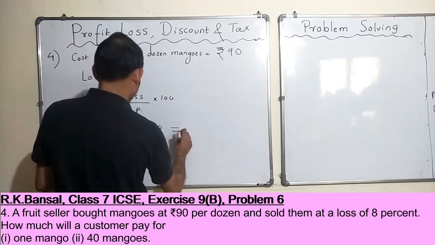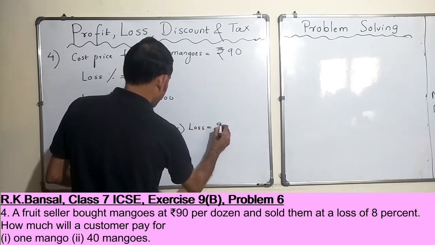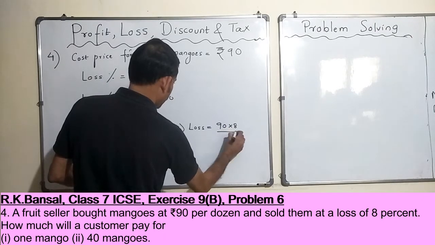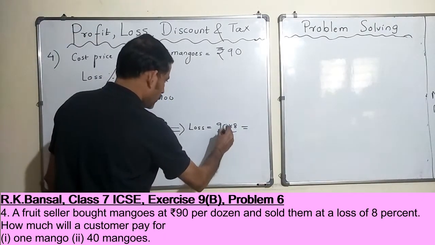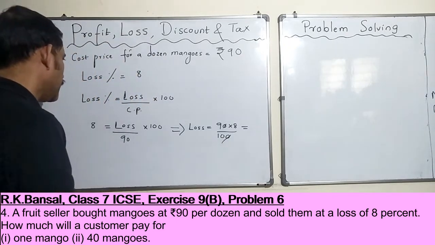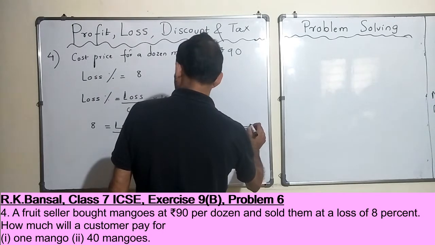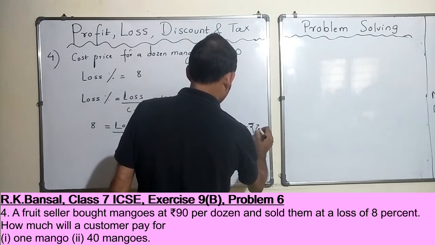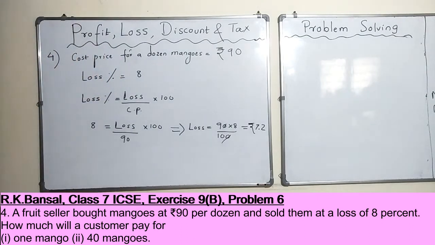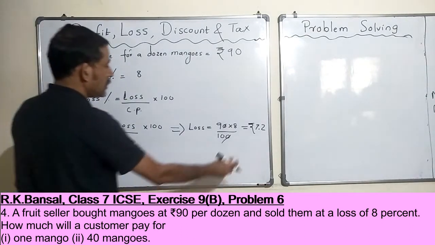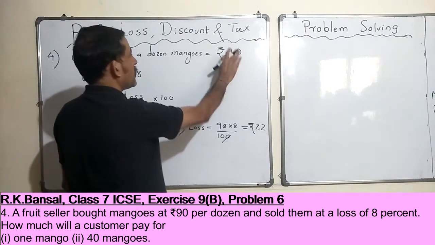So this implies loss is equal to 90 into 8 by 100, is equal to 7.2. Can I say rupees 7.2? All right, I think so. This is the story. So he lost 7.2 rupees while selling a mango which he bought for 90 rupees.